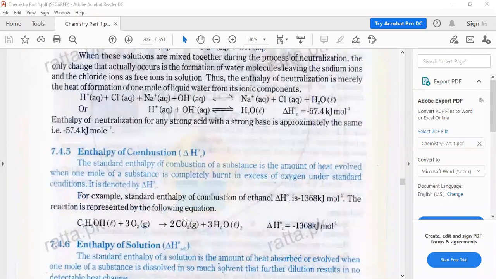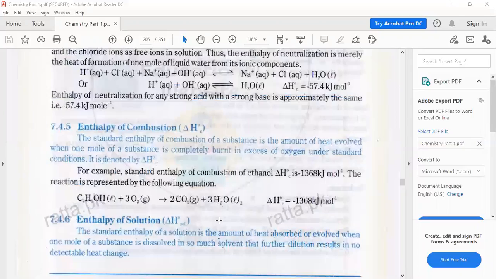Next we have enthalpy of combustion. Combustion means the burning of something in the presence of oxygen. In this reaction, heat always evolves. As we know, combustion is an exothermic reaction. In the same way, neutralization is also an exothermic reaction in which heat evolves from the system.